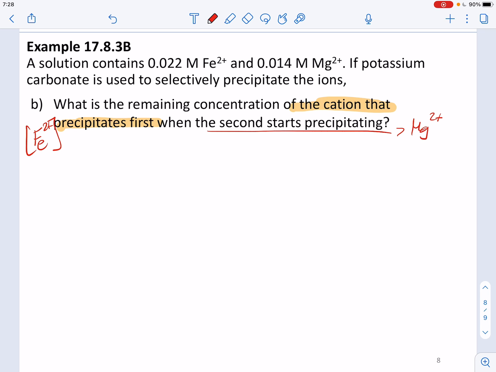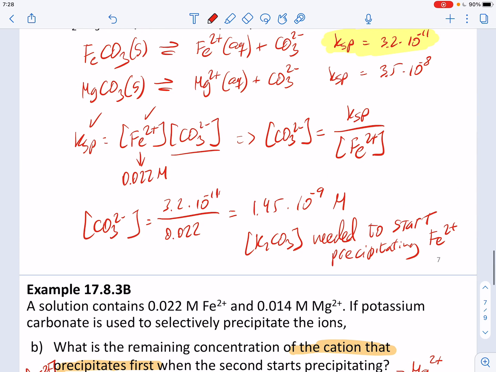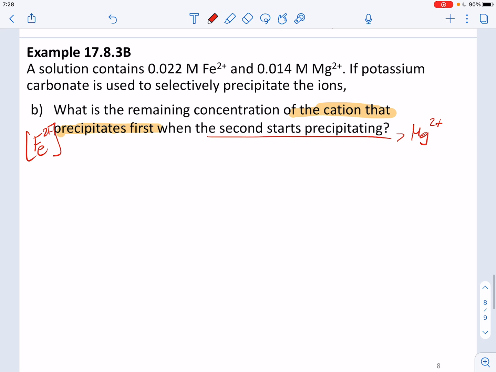Now, when does magnesium precipitate? So we have our KSP here, right? In order for magnesium to precipitate, what is the concentration of carbonate that you need? KSP is the concentration of magnesium times the concentration of carbonate. This now is 0.014.